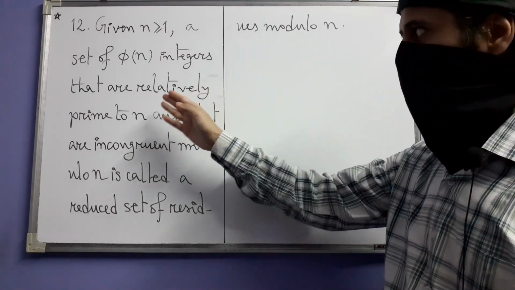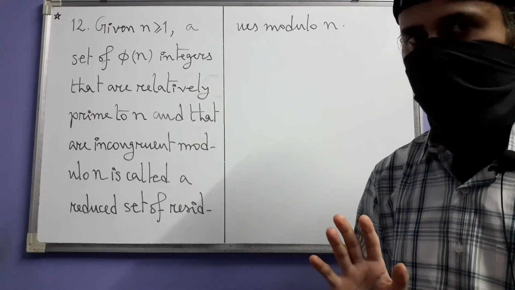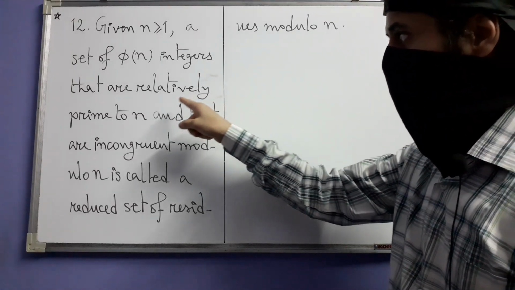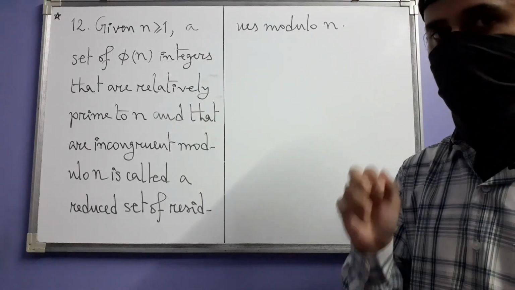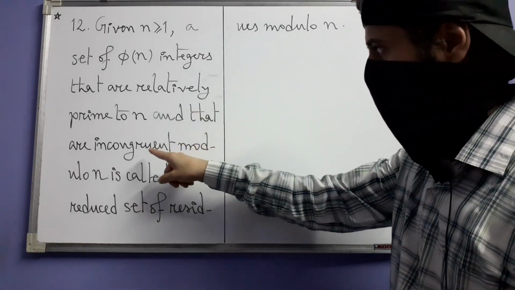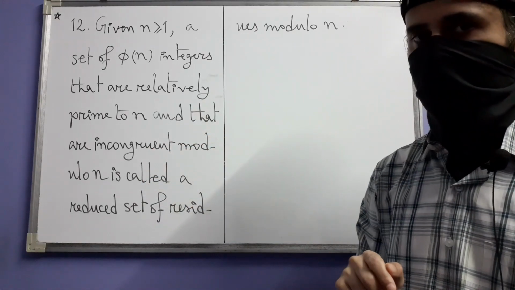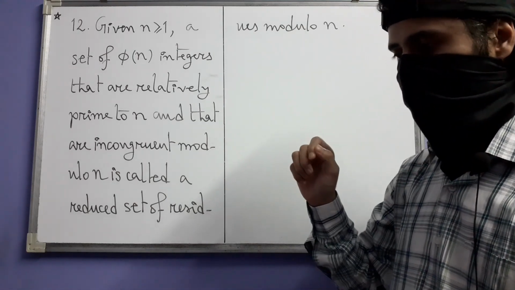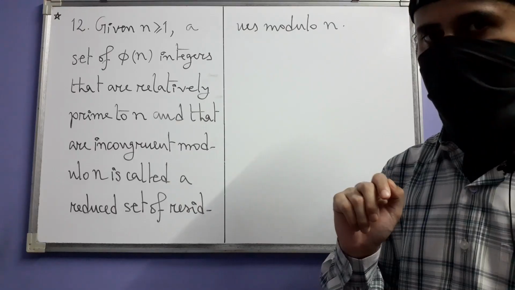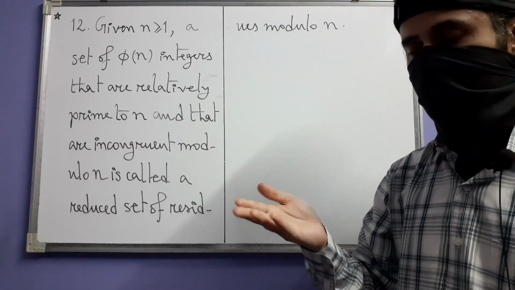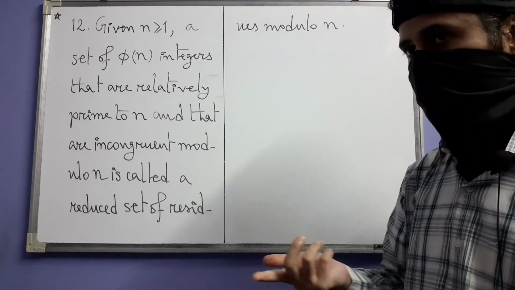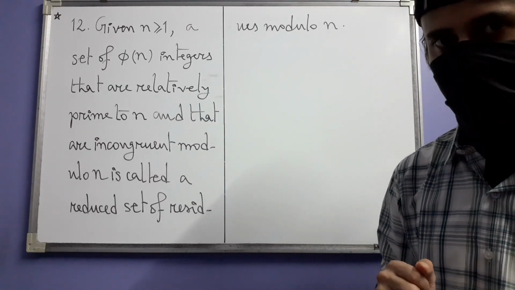These integers are not necessarily positive, they can have any sign, but they are all relatively prime to n and they are incongruent modulo n. This means that if you choose any two distinct integers from this set of integers, they are not congruent to each other modulo n. They are mutually incongruent to one another modulo n.